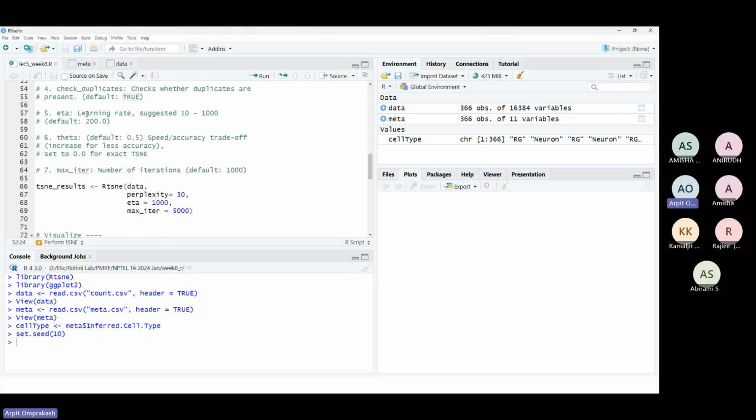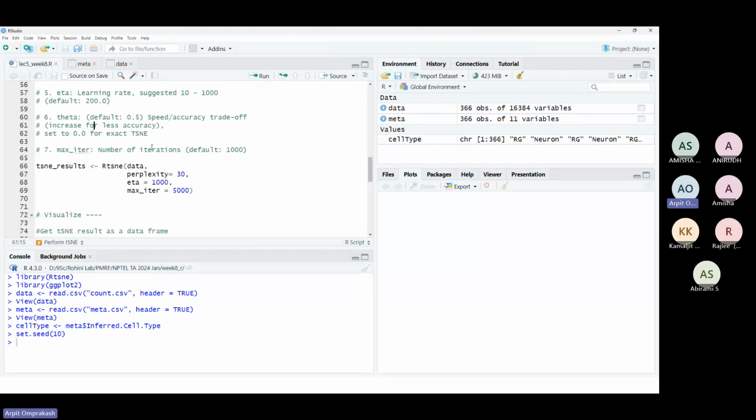Okay, eta is the learning rate, or how quickly the model changes. The default value is 200. It's suggested to keep it from 10 to 1000. Okay. Theta is the speed or accuracy trade-off. So if you want to increase the speed of your computation but can sacrifice a little bit of accuracy, then you can use a higher value.